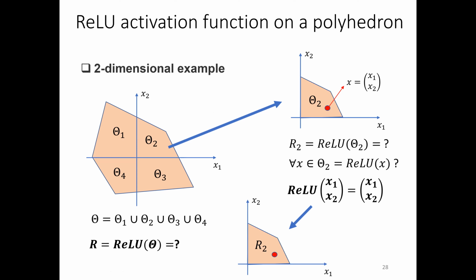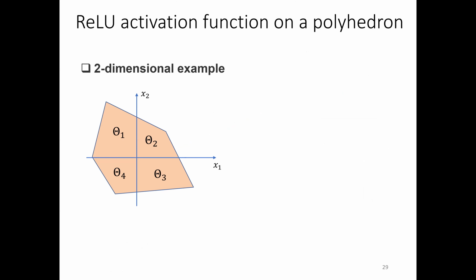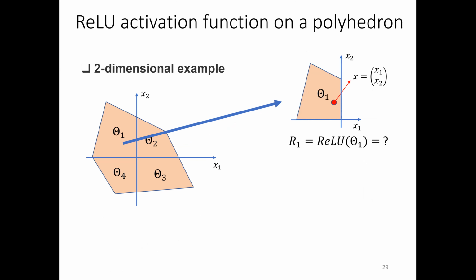Okay. Now let's consider the other case. So what do we get here? If I apply the ReLU operation on θ1, what do we have? 0, a point.